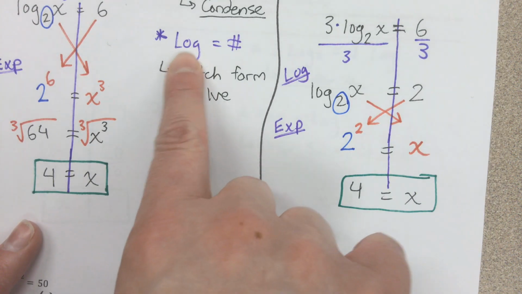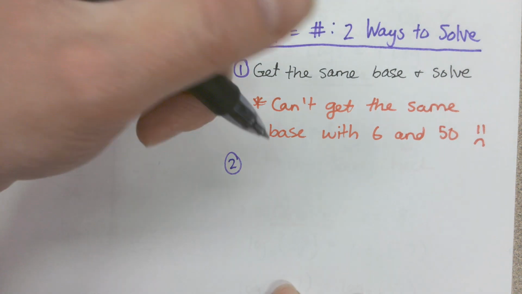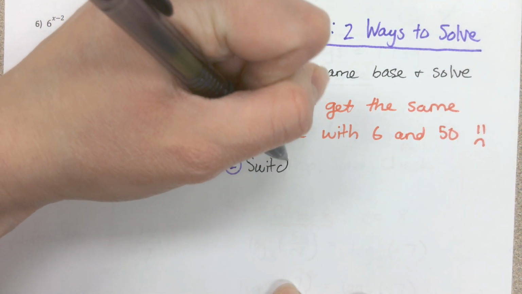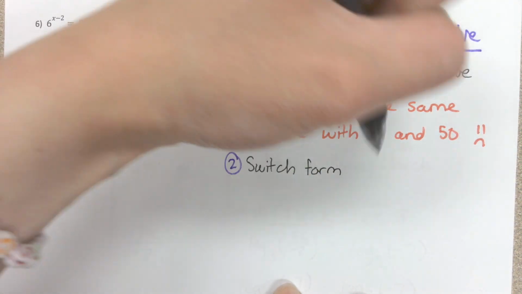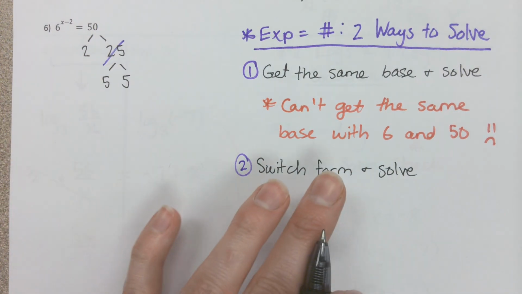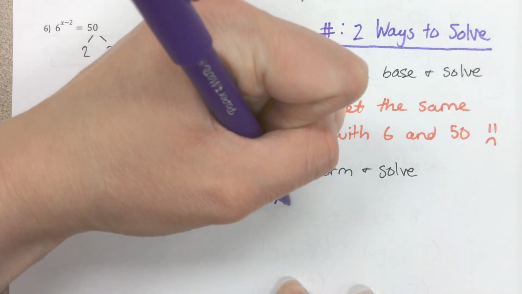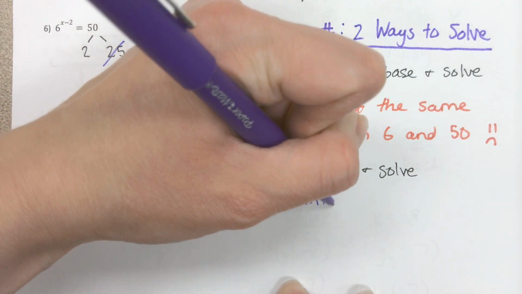Just like log equals number, you switch form and solve. Here's the benefit to this method. It always works.